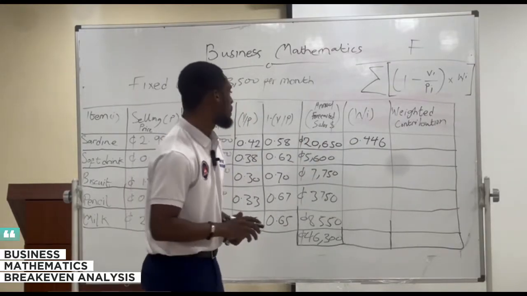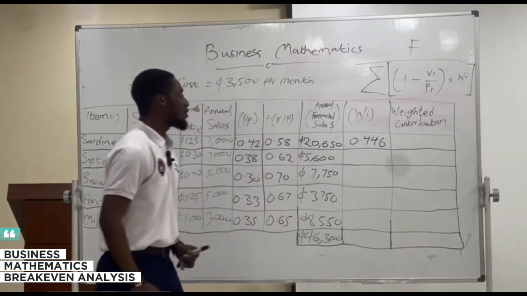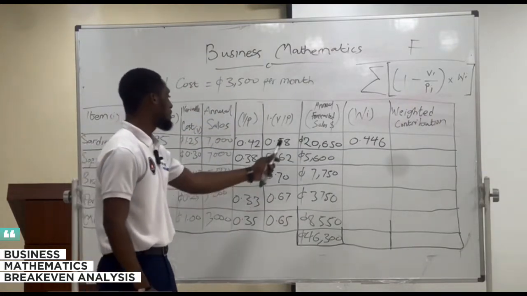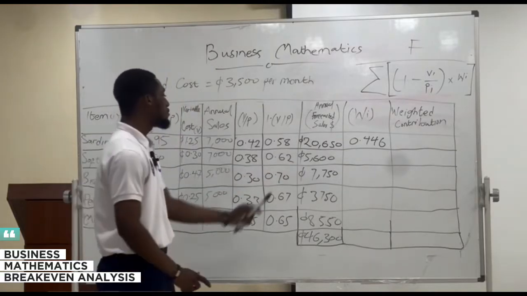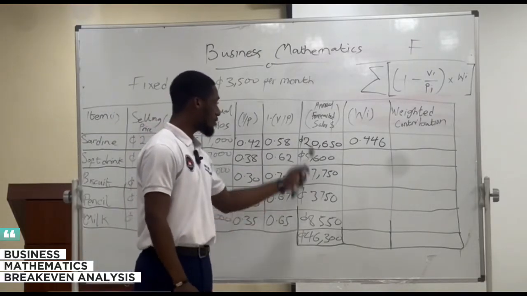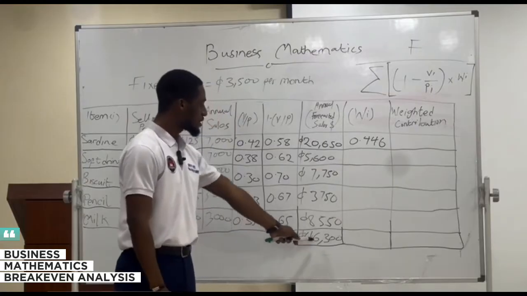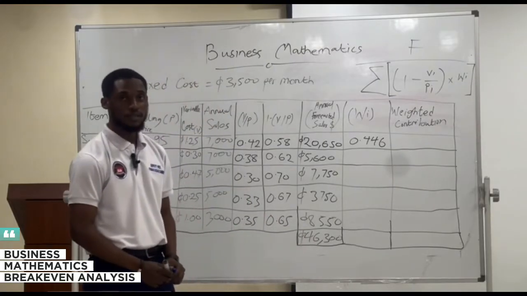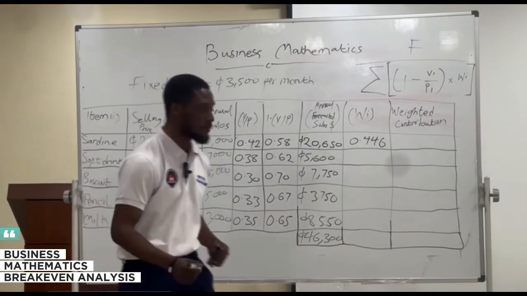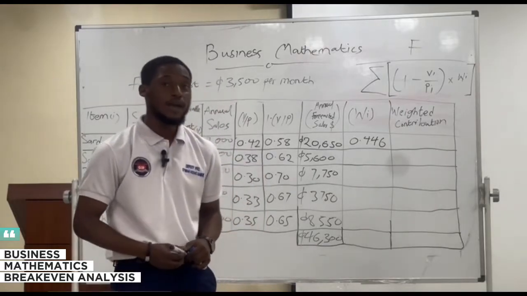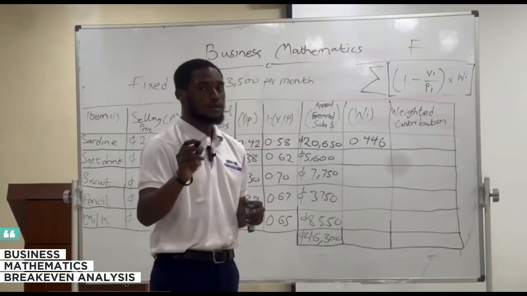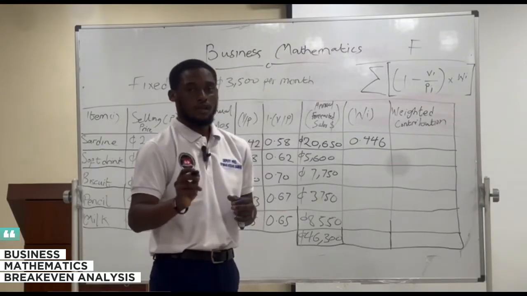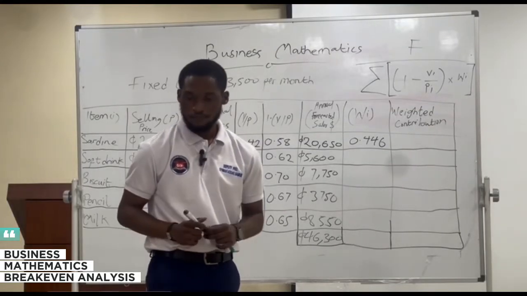You take the annual forecasted sale, which is 20,650 for sardine, and you divide it by the total annual forecasted sale, which is 46,300 cedis. So now I'll go ahead to list my figures. You can also take your calculator, your jotter and your pen, and solve something.